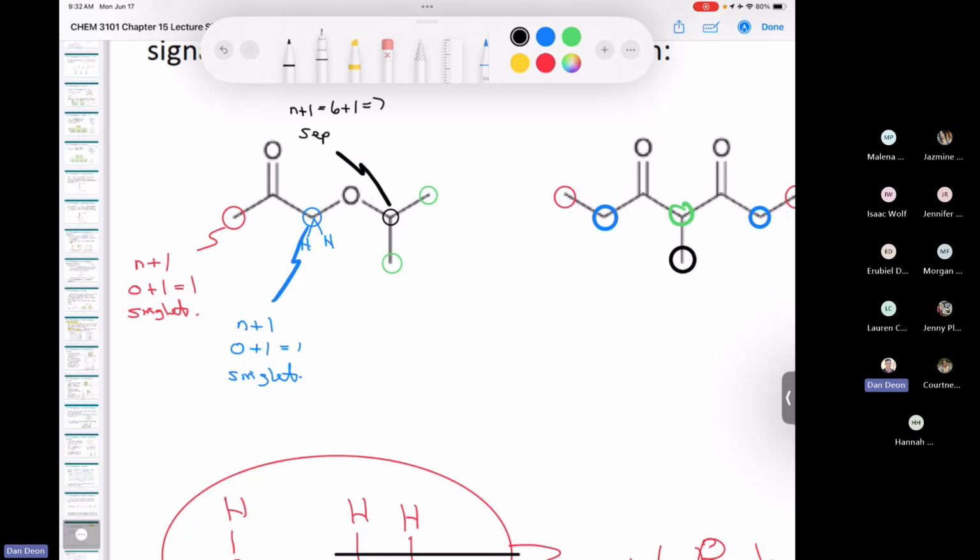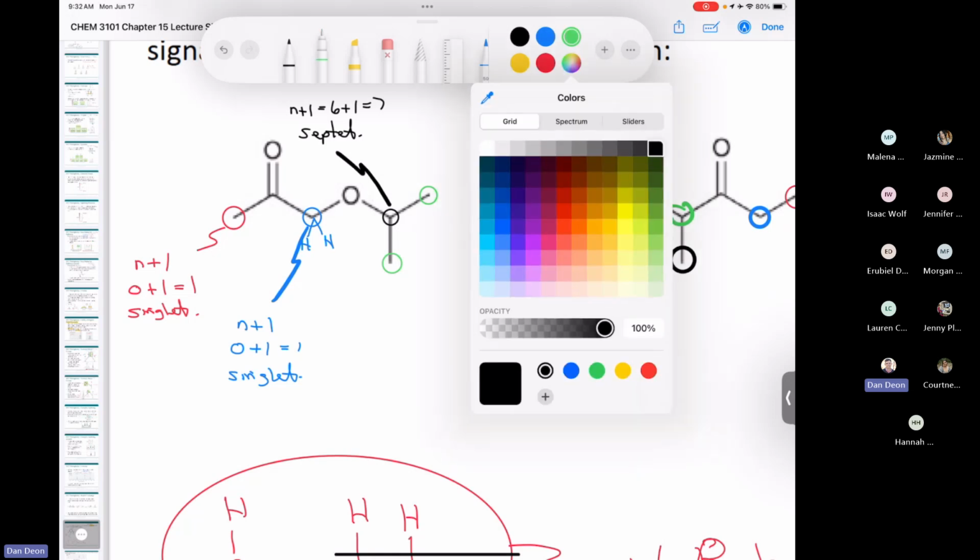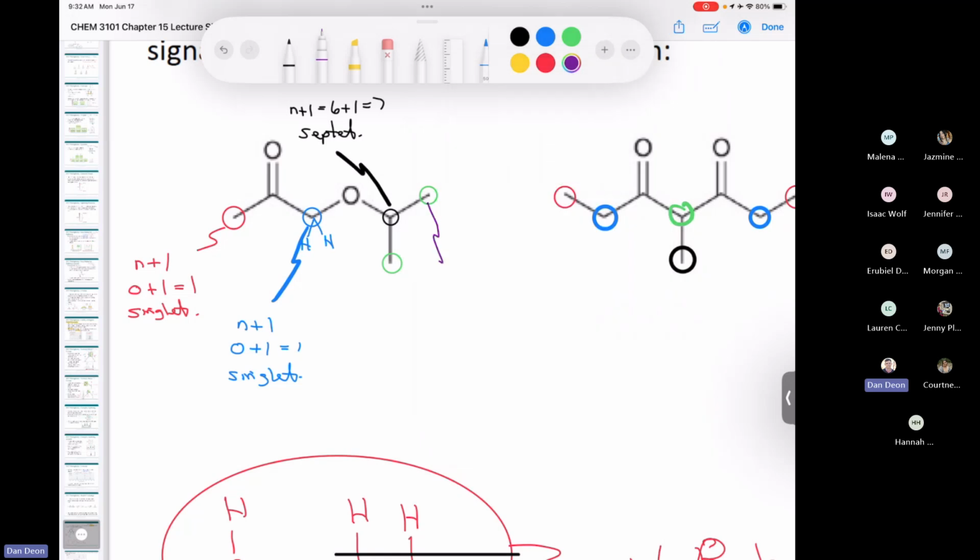And so we would see a septet for that methine proton. And then for all of these protons, I'll use purple, I guess. For these ones here, there's 6 protons, but they're all chemically equivalent. And if I do n plus 1, they only have one neighbor, this guy here. So I have 1 plus 1, and so those would give me a doublet.